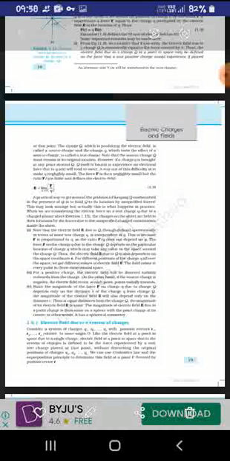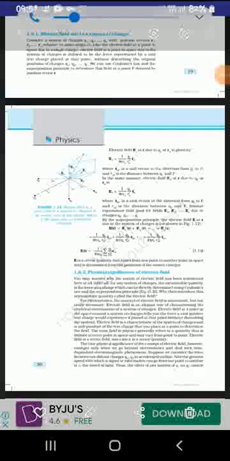So electric field due to a system of charges. Consider a system of charges Q1, Q2 with position vectors r1, r2, and so on. So this is E1 is equal to 1 by 4 pi epsilon 0 into Q1 by r1P square, the Coulomb law we will put.